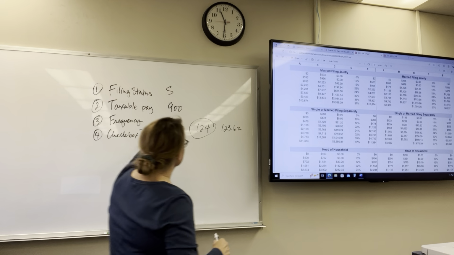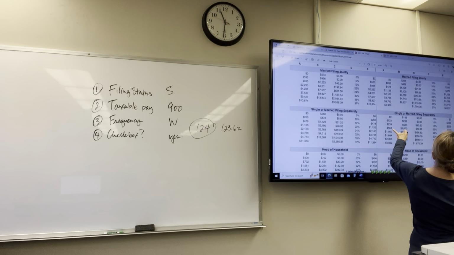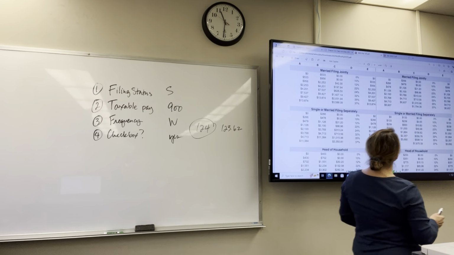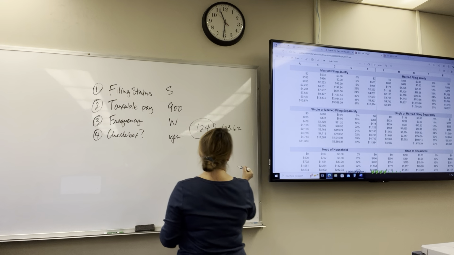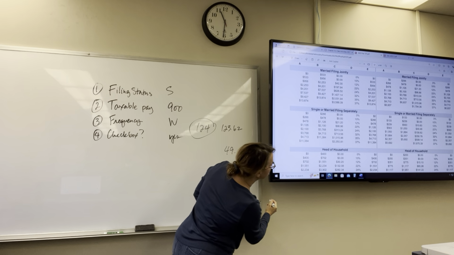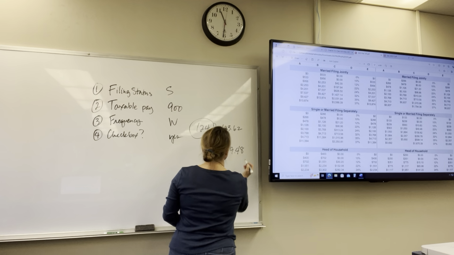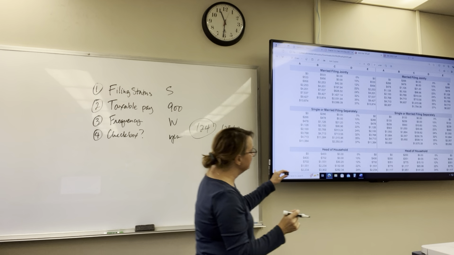Using that table, $900 falls between $563 and $1,050. So our tentative amount to withhold is $49.48.